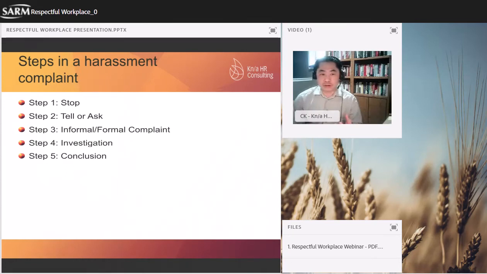Part of the investigation also is that you come up with a report. The report in a nutshell includes a summary of the alleged harassment, and a listing of whether or not the alleged harassment incident in question did occur or did not occur.